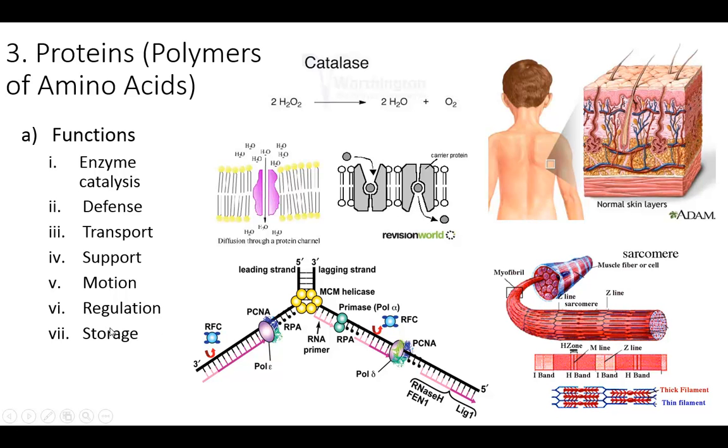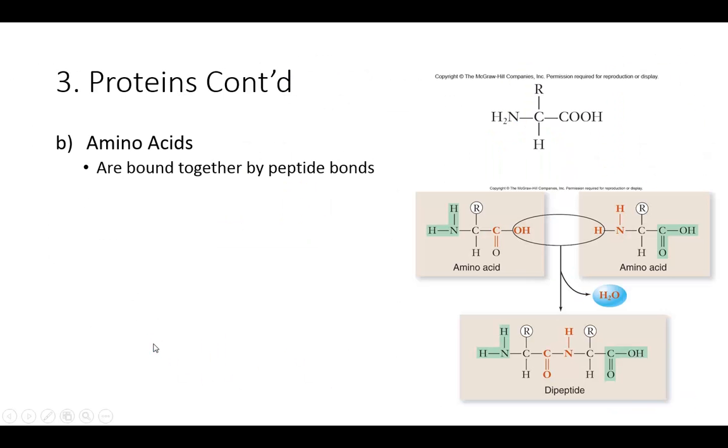They regulate what molecules come in and out of a cell at the cell membrane, and they are also used for storage, so they can make little compartments where you can hold things within the cell as well. Okay, so those are the basic functions of proteins.